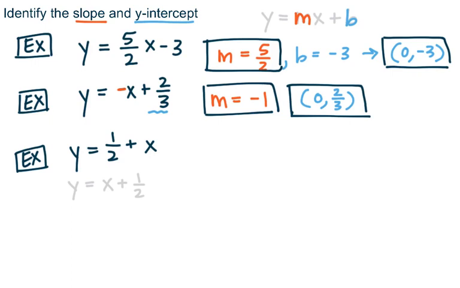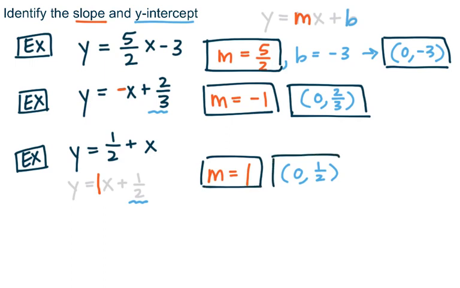And what we'll see in this situation is that m, the coefficient in front of x, is +1, and my b value is 1/2. So my y-intercept is the ordered pair 0, 1/2. My point in that situation is just to make sure you're noticing that the slope is always the coefficient in front of x, and then your b value is the constant term. You need to pay attention to the order. Let's look at another example.